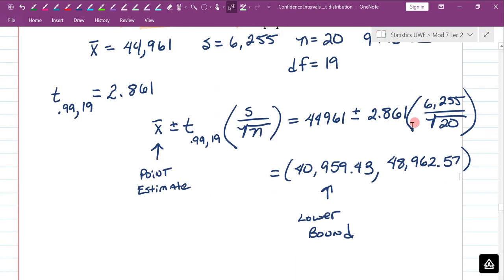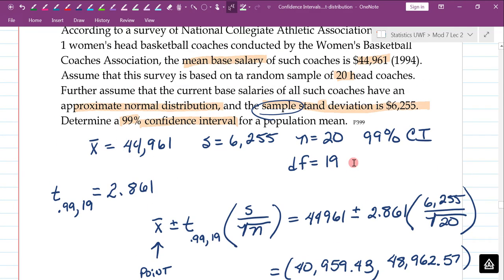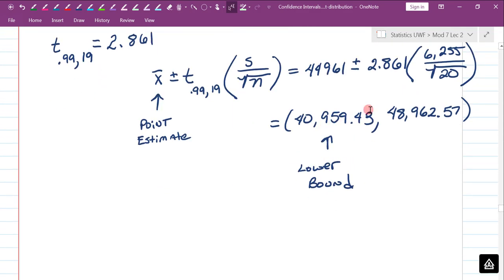So this would be their, was it 99? Yeah, 99% confidence interval right here. Okay, so we're 99% confident that the expected mean for the population would be contained within this interval. Okay, and this is the upper bound. Let me label that.